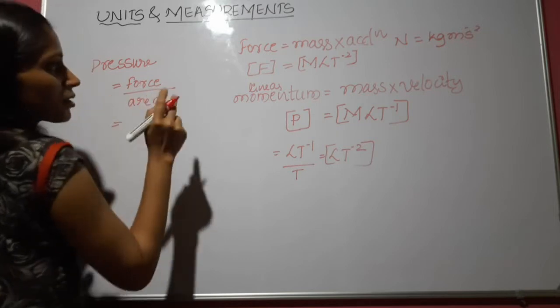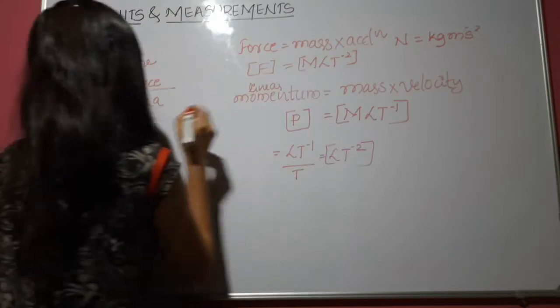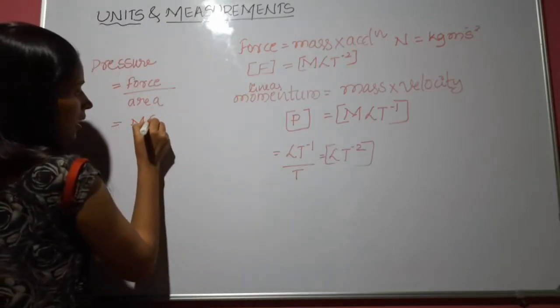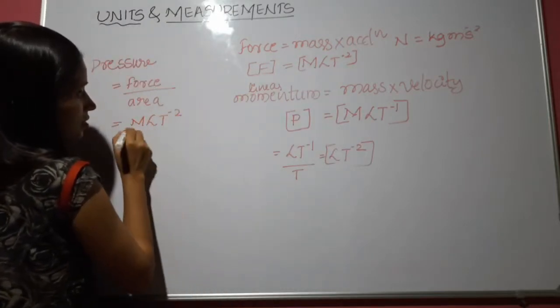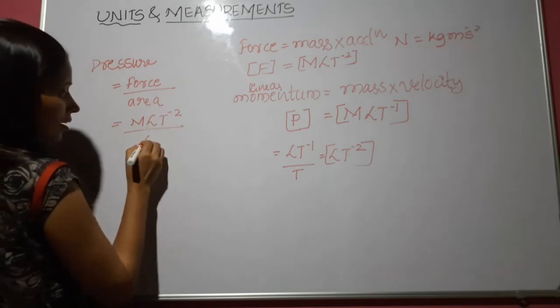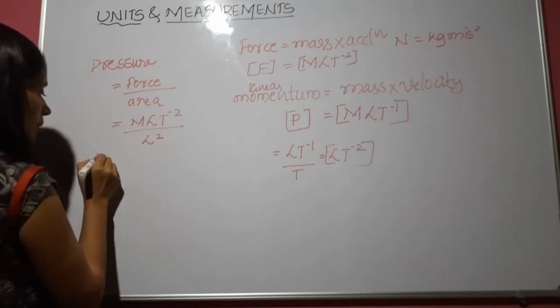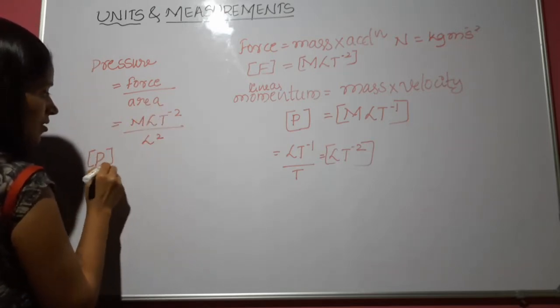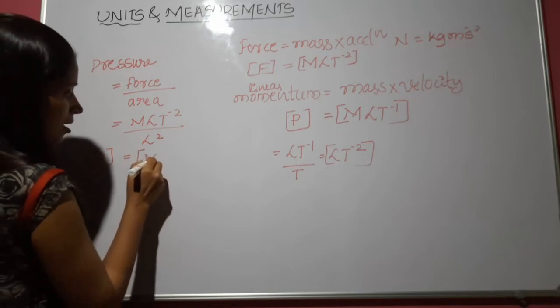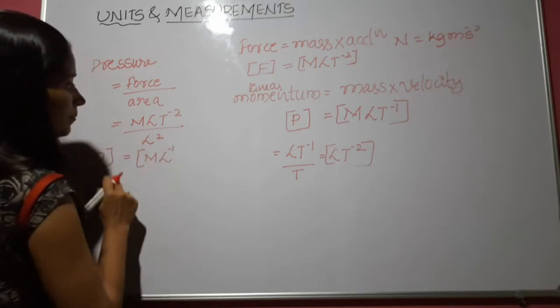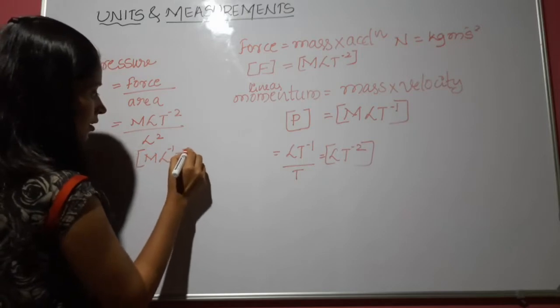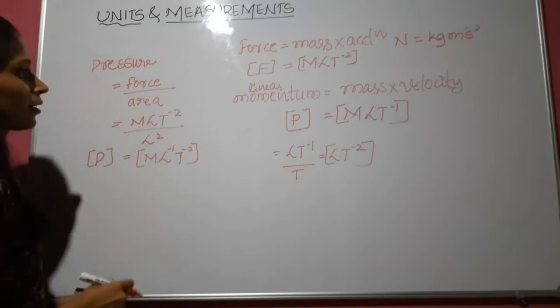We know the dimension of force is M L T power minus 2. Area is L square. So the dimension of pressure is M L power minus 1 T power minus 2.